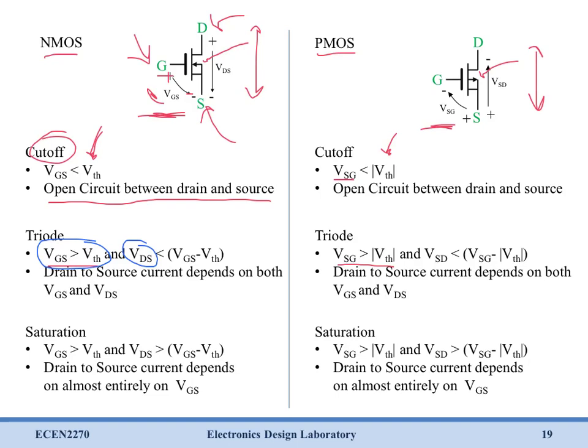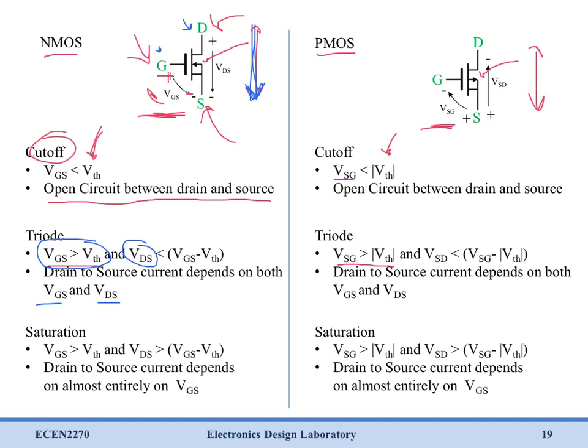If we operate here, the current from drain to source is going to vary depending on both VGS and on VDS. So depending on what voltage our drain is at and what voltage our gate is at, we're going to have different currents coming through the device. That's not really what we want. We don't want to have this voltage dependence on the current. We simply want it to act like an open switch.